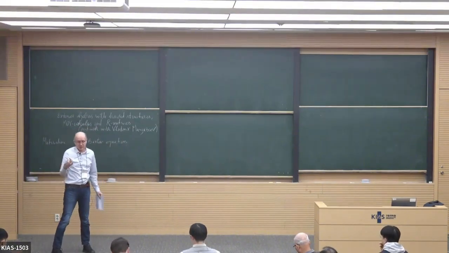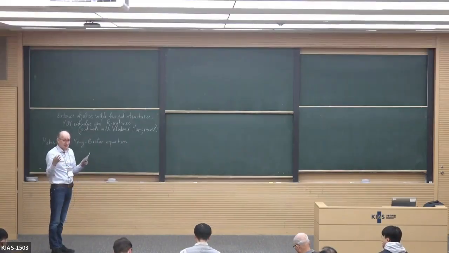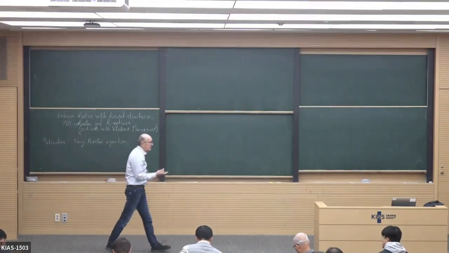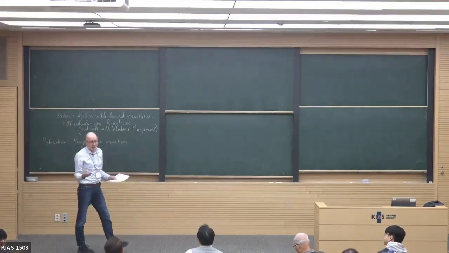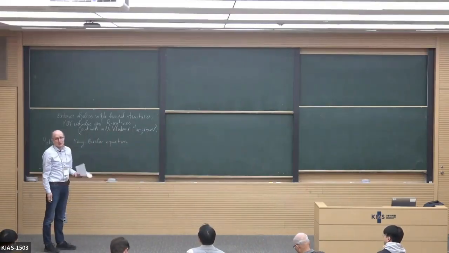Because they provide us with algebraic means to construct knot invariants. Knot invariants are important from a topological point of view.